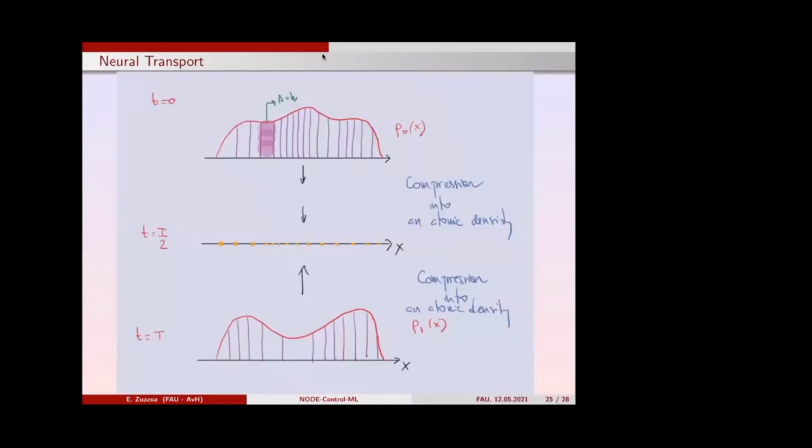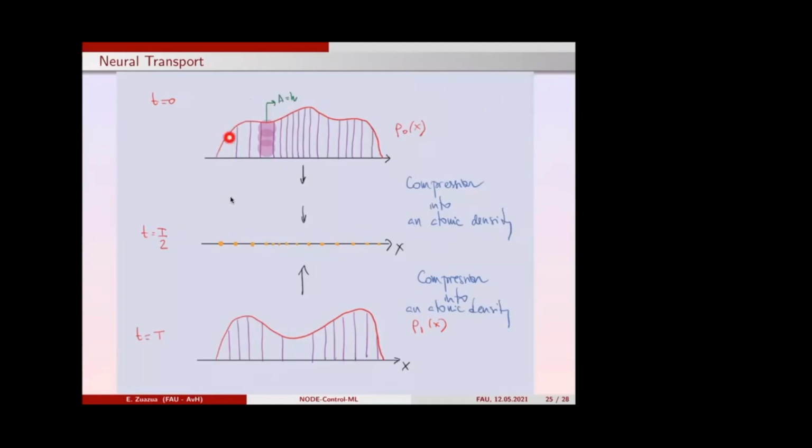Okay, so now you see that you could also do this with functions, right? And this is very much related to the theory of optimal transport. Here I'm not saying I'm doing anything optimally, I'm just saying that I can do transport of mass using the ideas of neural ODEs and neural networks, right?